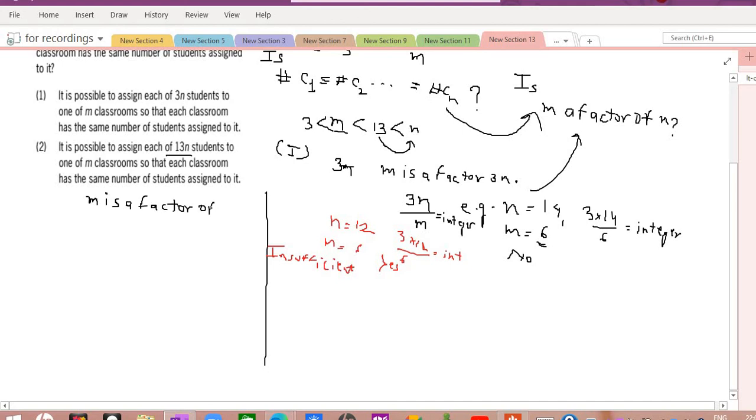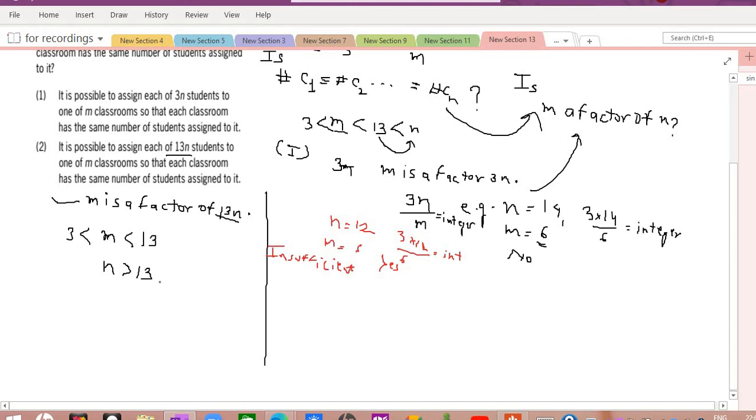Now, does this help? Let me write down what we know: m is between 3 and 13, and n is definitely greater than 13. And it is given that m is a factor of 13n.